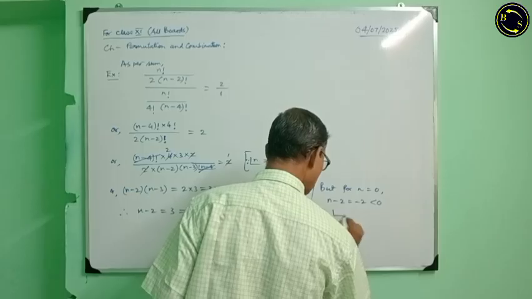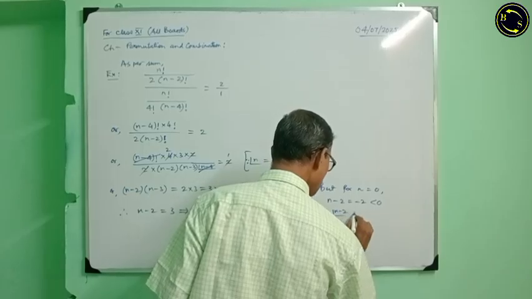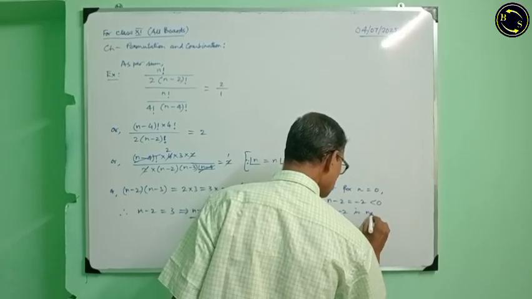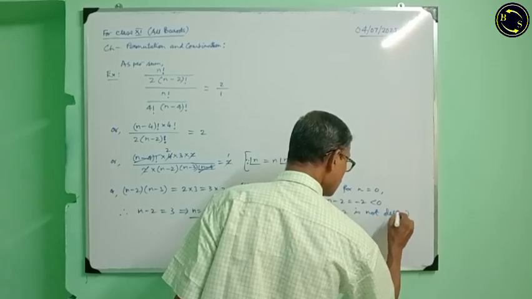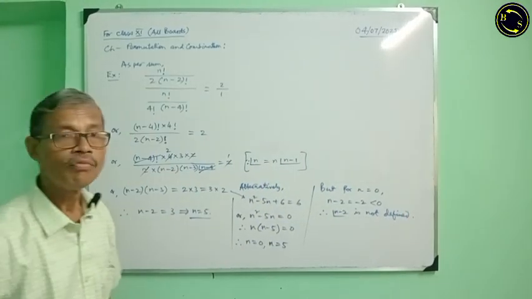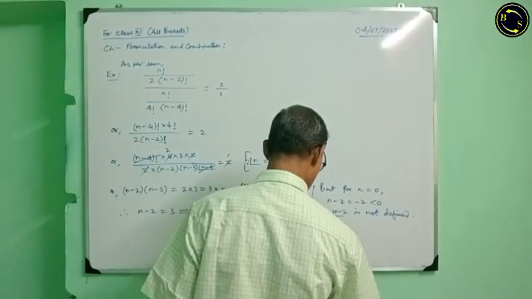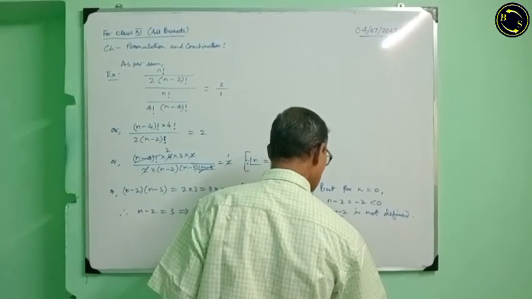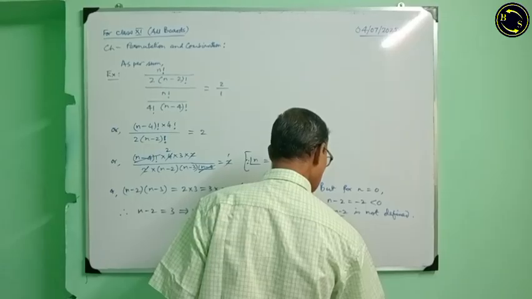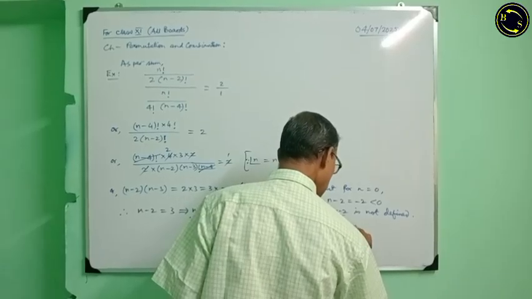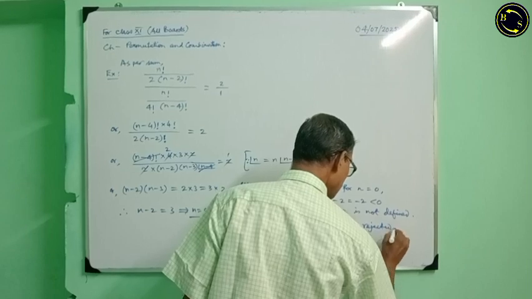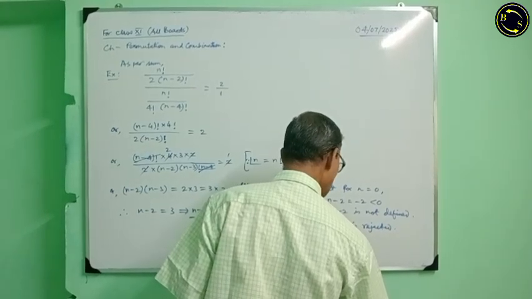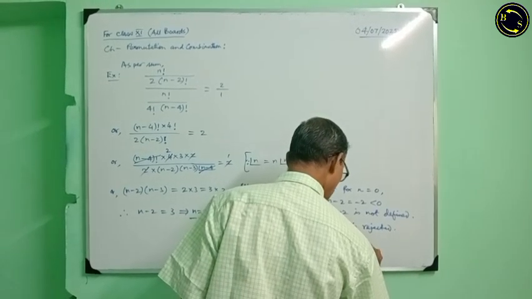Therefore, factorial n minus 2 is not defined. Therefore, n equal to 0 is rejected. Therefore, n equal to 5.